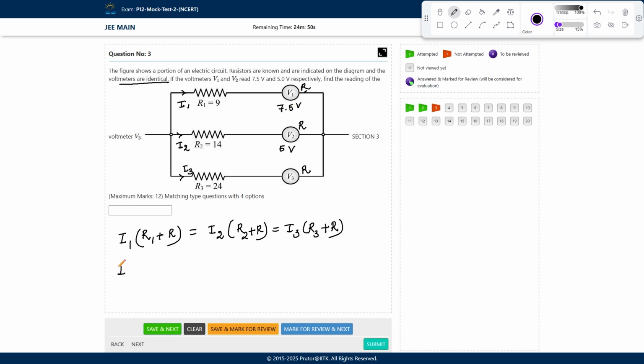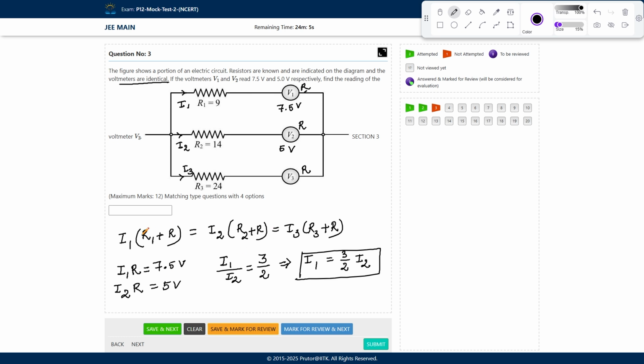It means I1 current is flowing through it, its resistance is R, and the potential drop across this voltmeter is 7.5 volt. Similarly, for the second voltmeter V2, the current is I2 and R is the resistance, equal to 5 volt. We can take the ratio, so I1 by I2 will be 7.5 by 5, which is 3 by 2. Got it? Now from here I1 will be 3 by 2 I2.